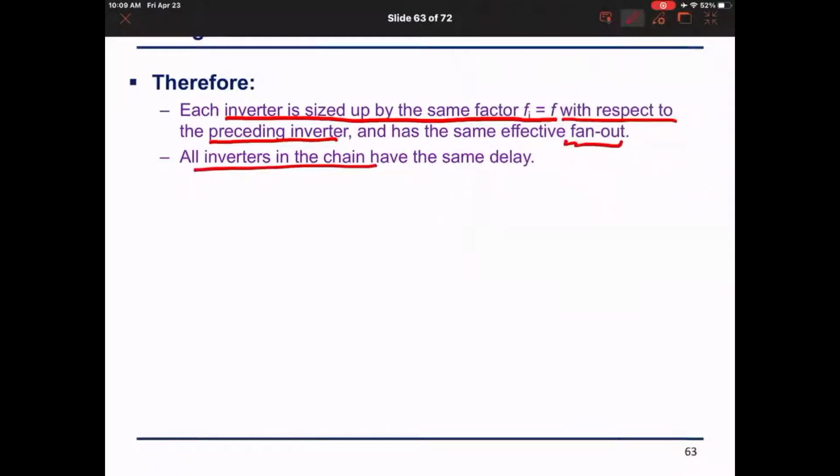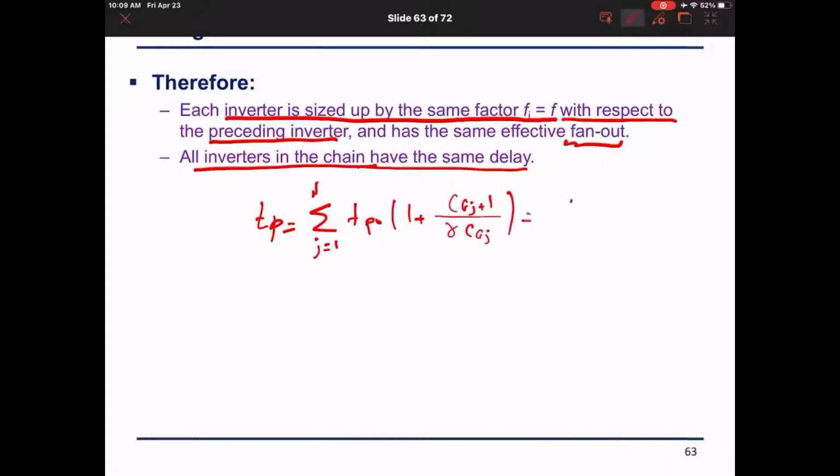What does this mean if all the inverters in the chain have the same delay? We said that TP is the summation from J equal 1 to N of TP0 into 1 plus CGJ plus 1 over gamma CGJ, which is the summation from 1 to N of TP0 into 1 plus FJ over gamma.